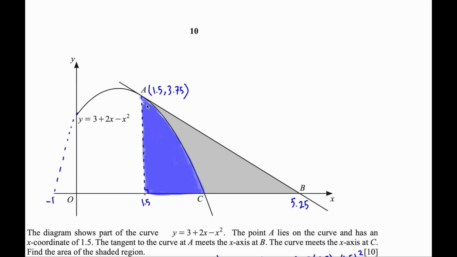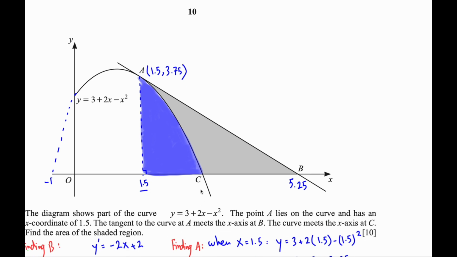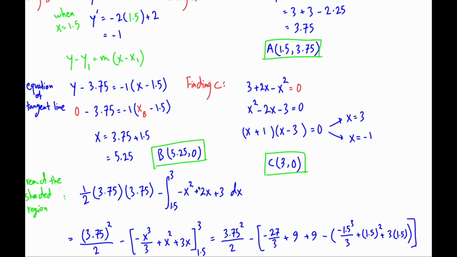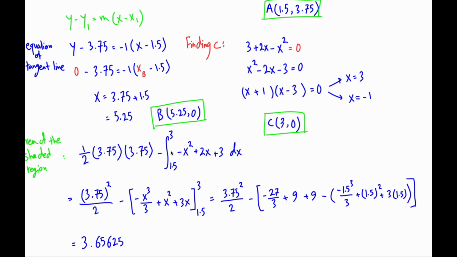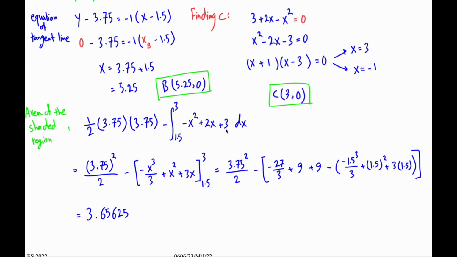That's the region beneath the curve, and it's bounded between 1.5 and C, which is 3. So those are the upper and lower limits of my integration. And this is a simple integration.